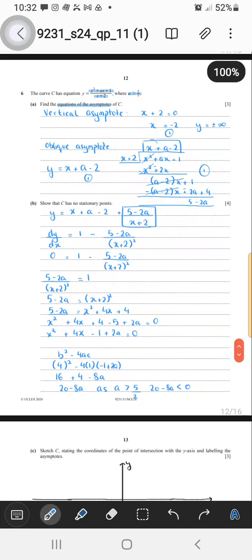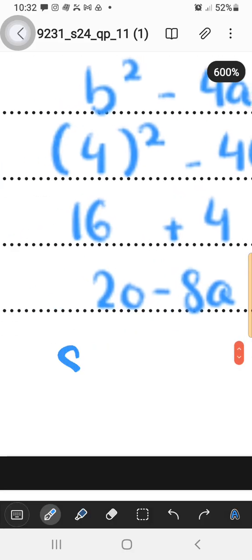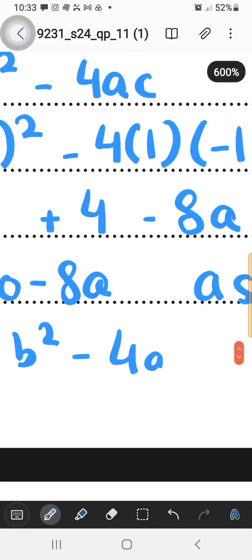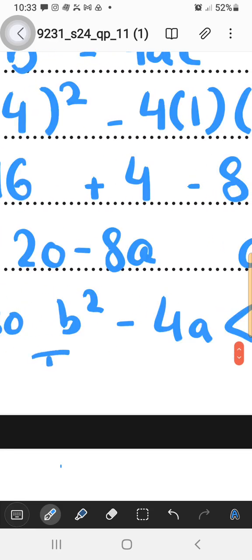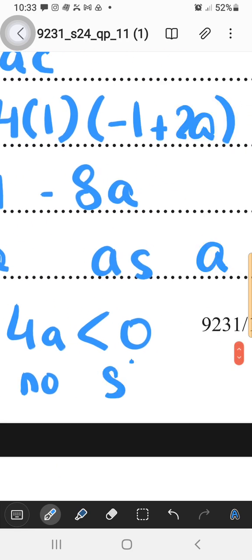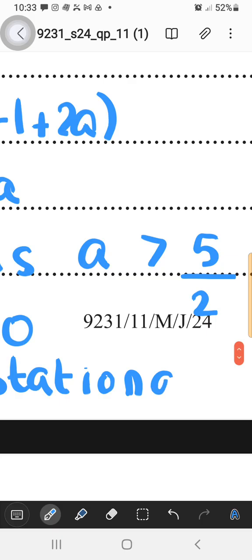So we got it that b square minus 4ac is less than 0. Thus no stationary point.